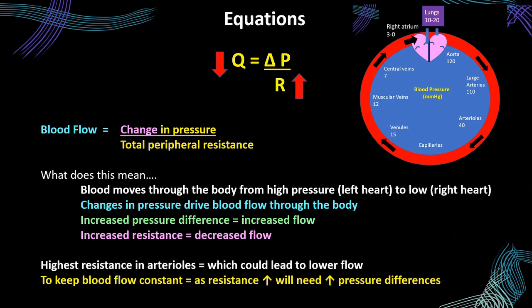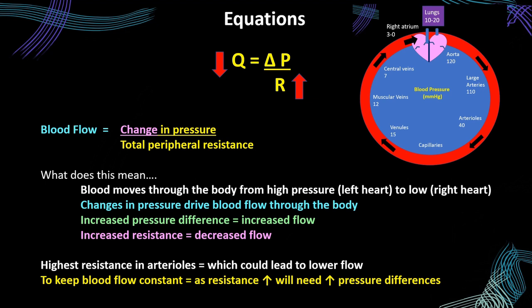And if I have an increased pressure difference, I'm going to have increased flow. However, if I have increased resistance, I'm going to decrease the flow because they are inversely related, as we see in the equation. The highest resistance is in the arterioles. We said that before. We'll be revisiting this again in just a couple slides.